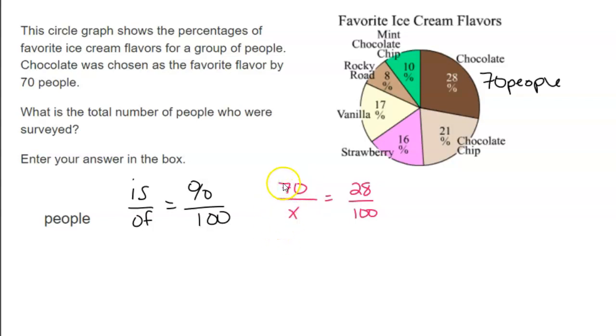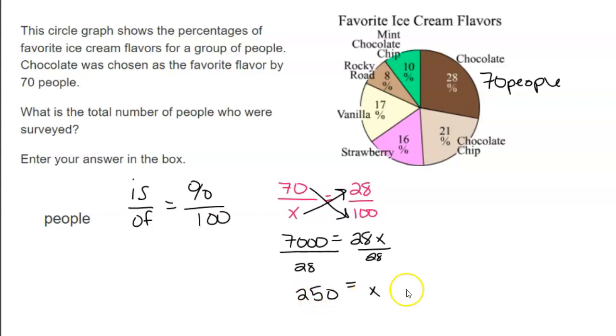I just know that 70 is the part, and this is the percentage. So we're going to cross multiply again. 70 times 100 is 7,000. x times 28 is 28x. Now we need to isolate x, so we have to get rid of that pesky 28, so the inverse operation would be division. 7,000 divided by 28 is 250.